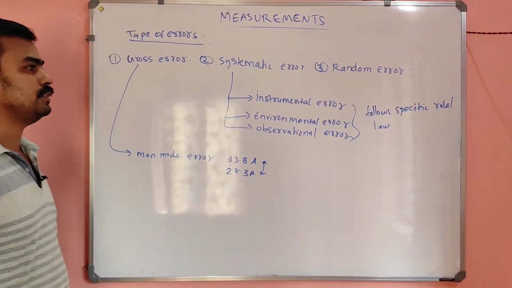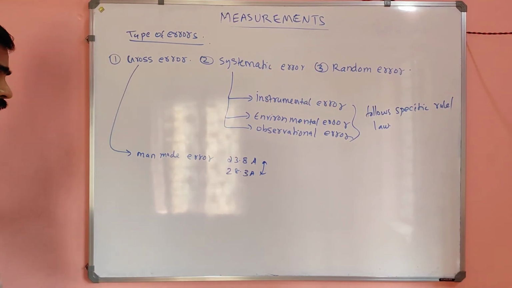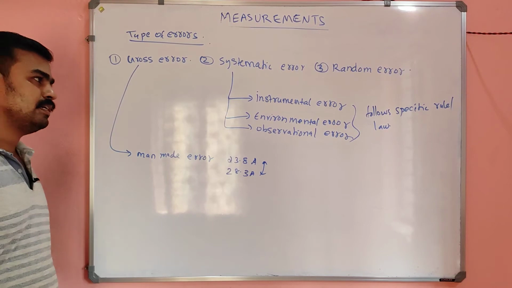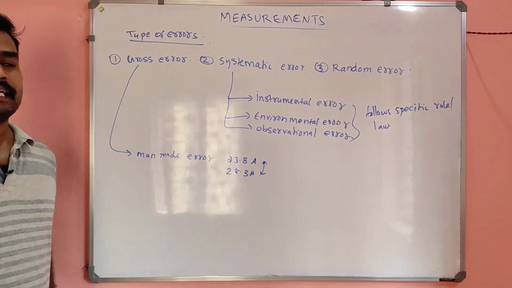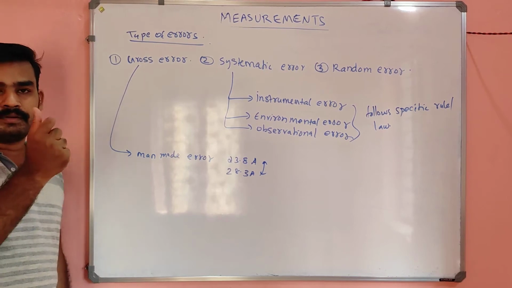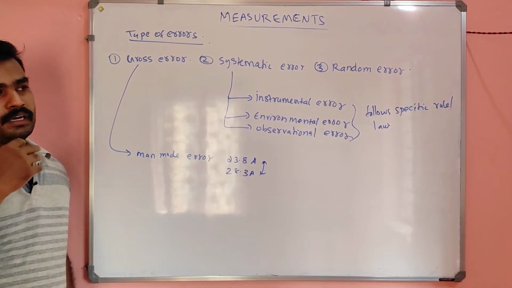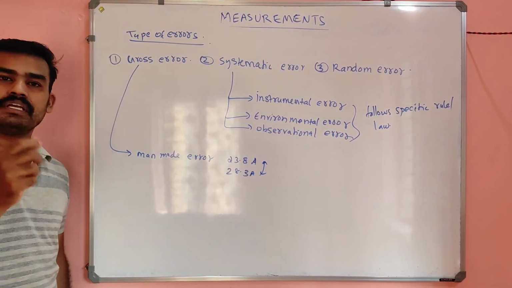I will tell what it is. First of all, instrumental error. Instrumental error means it is a problem with the instrument. For example, as time passes, the tension of the spring in the spring control mechanism may weaken.